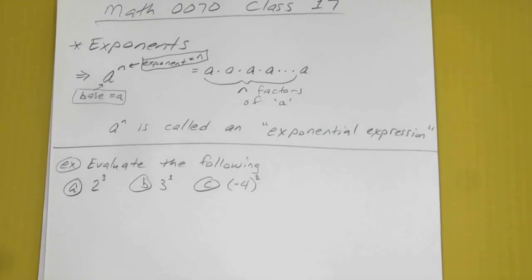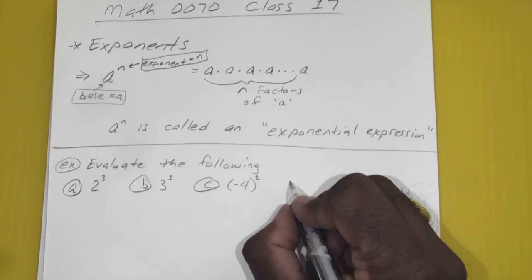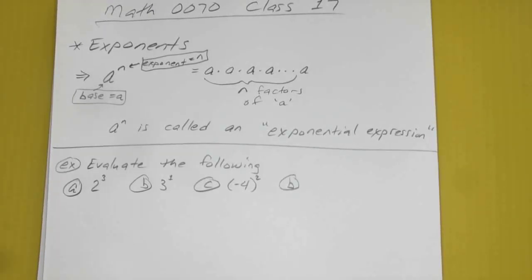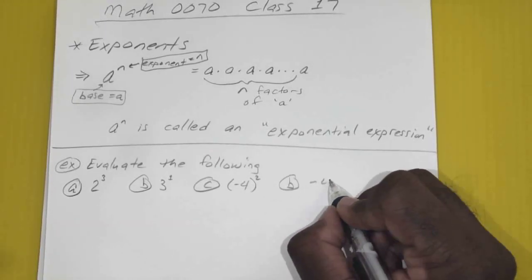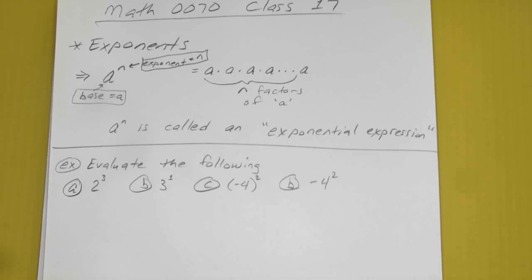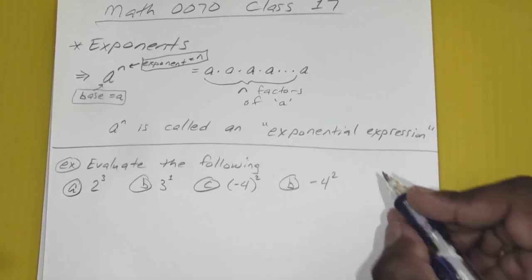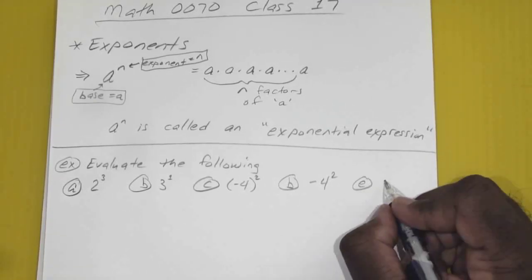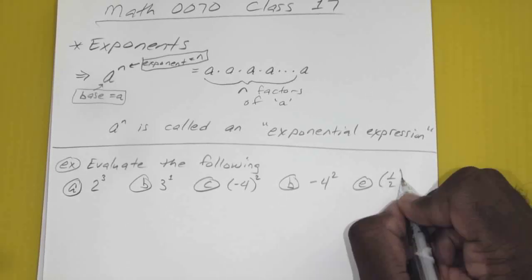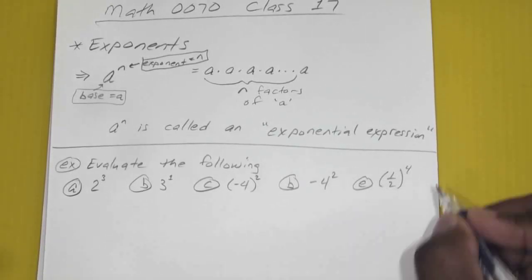Why is that one in parentheses? Because it's negative? Yep, actually there's two versions of this, and we're going to cover both, with the parentheses and without the parentheses. D is the same thing, but without the parentheses, and we'll see the difference between those two. And E, let's say 1/2 to the fourth power.